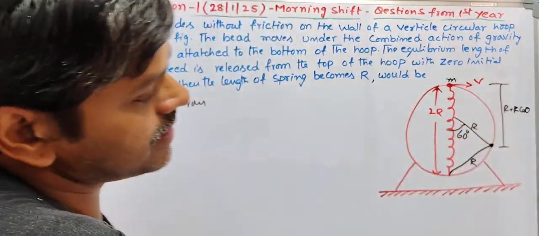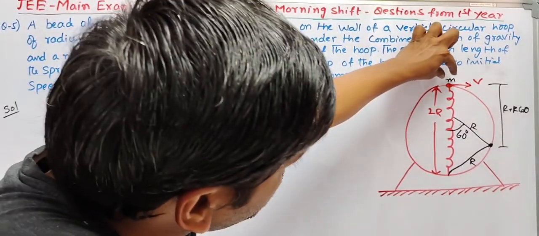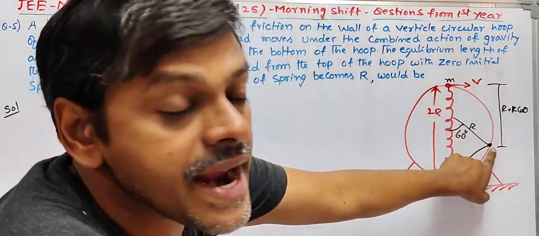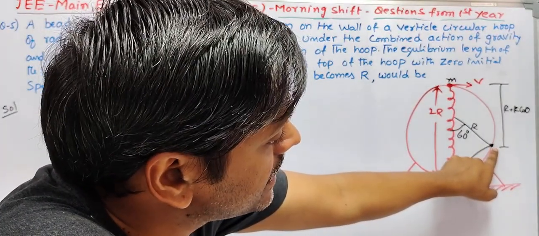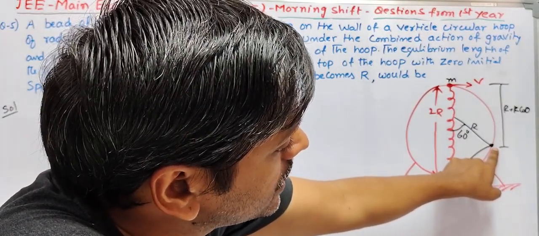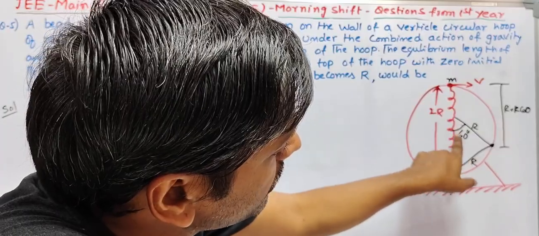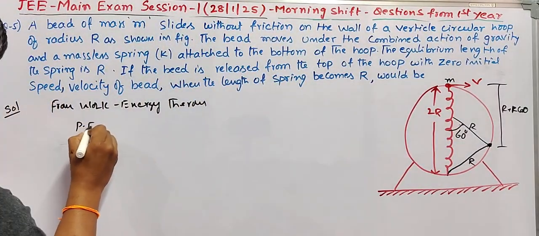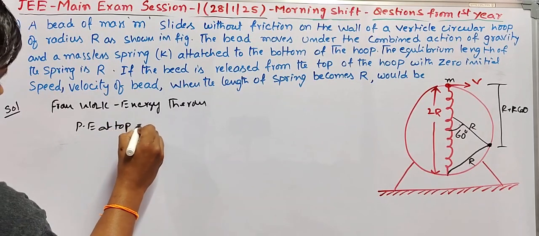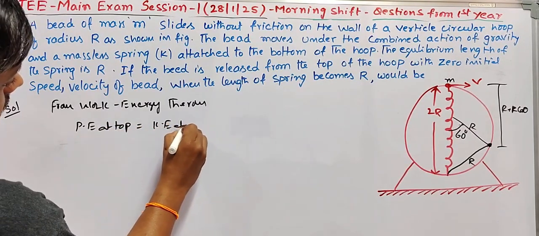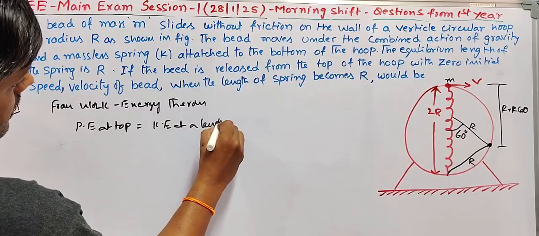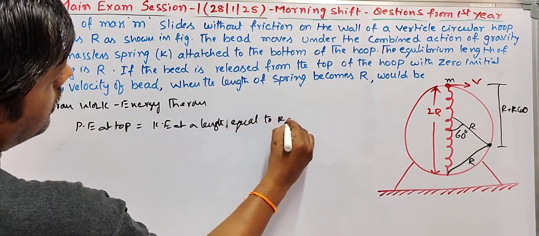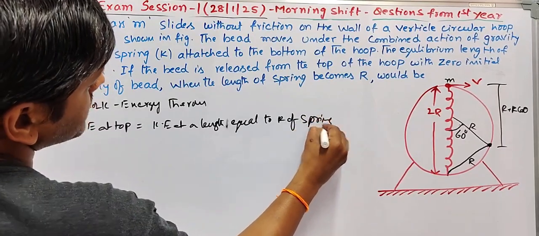So the potential energy at the topmost point is equal to the kinetic energy when it reaches the point where the length of the spring is R. This is the condition given.